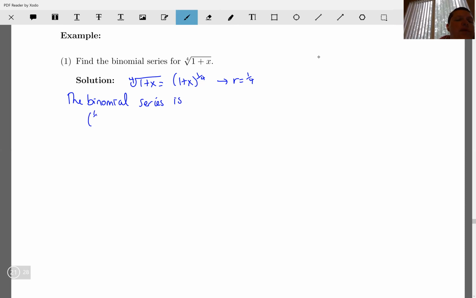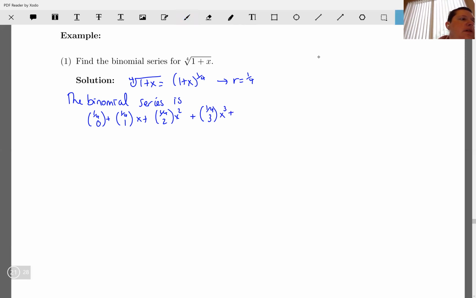So I'm going to have 1/4 choose 0, 1/4 choose 1, 1/4 choose 2, 1/4 choose 3, plus, and I'm just going to stop there. This can keep going forever.